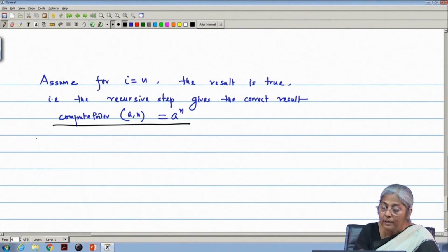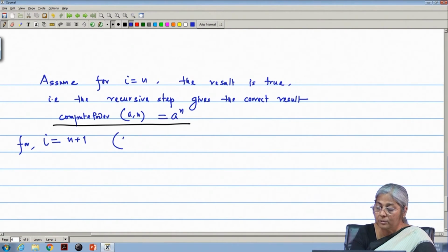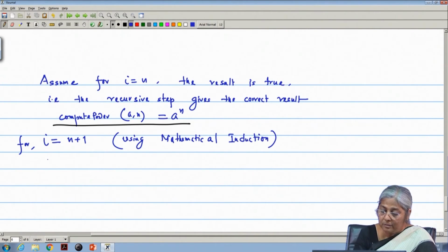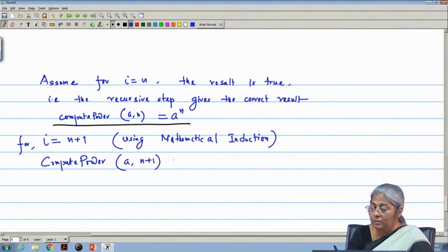So, for i equal to n plus 1, using mathematical induction, this compute power(a, n plus 1) is a into compute power(a, n), according to that algorithm.